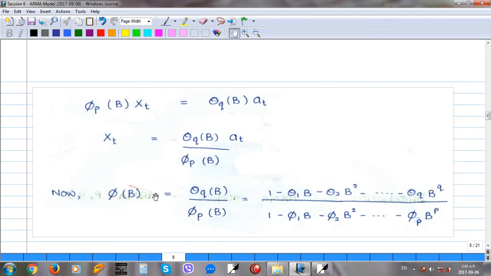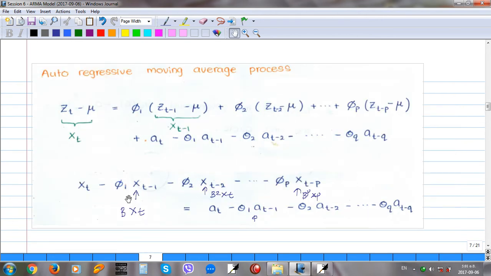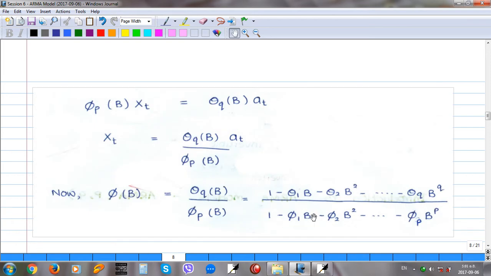We can write it this way because we know that theta q(B) is 1 plus theta 1 B plus and so on, and the other part is written the same way.